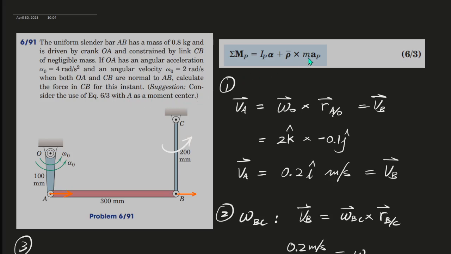I've pasted the picture of equation 6/3, and it says the sum of moments at a point P is equal to the second moment of mass times the angular acceleration of the bar that you want, times the radius to the point, cross product, the net force at the point you want.